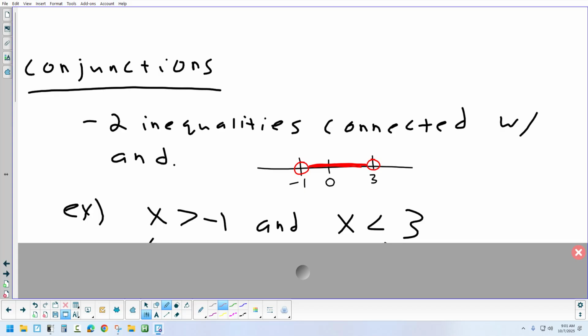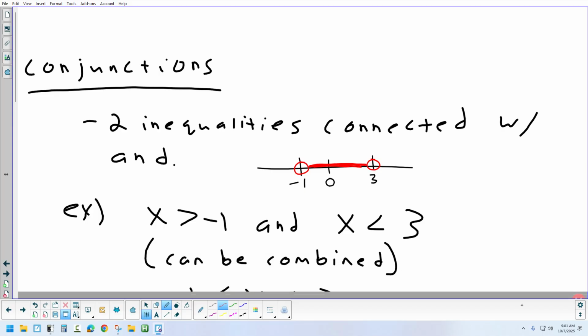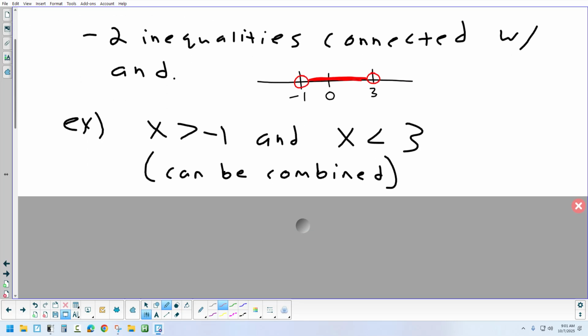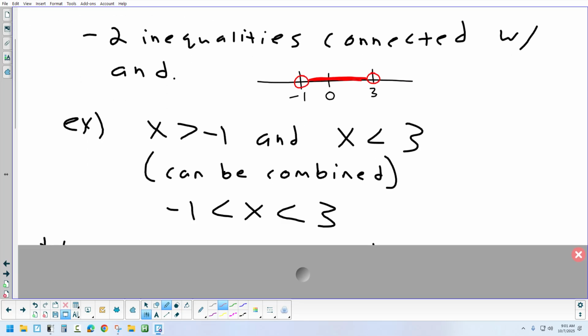Now, when you have two inequalities with the word and, a lot of times they do shorten it up and combine the two together. And this is what it looks like when you combine them together. This is still read the same way. When I read that, I start in the middle and I say x is greater than -1 and x is less than 3.